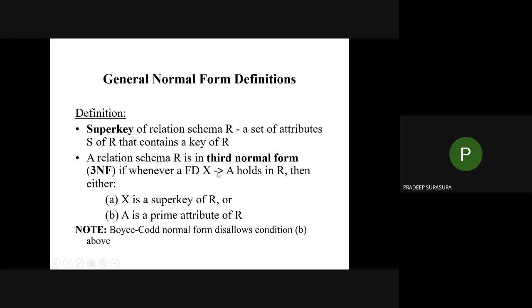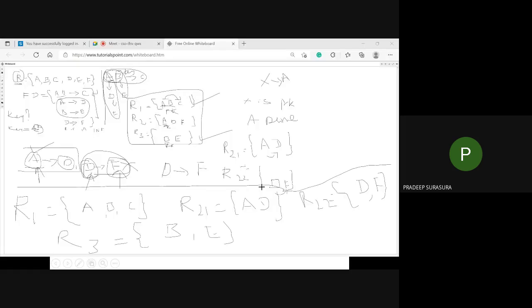Only then, if any one condition is satisfied, I say that your FD will satisfy third normal form. Or when you observe the FD with respect to transitive, it is also the same. If I have X determines A determines Z, that means X determines Z.